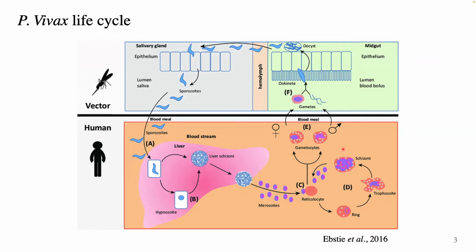Whenever the parasites are found in the liver, as hypnozoites, we say that the individual is liver stage infected. So this is why it has become the most globally widespread one. It's believed that almost 80% of the total Vivax cases are because of this hypnozoite activation. That means they can activate, and we say that they relapse, and they go through the same blood stage infection, the symptoms, and the same.